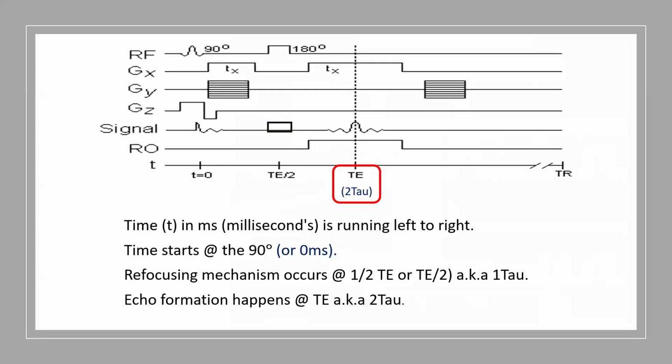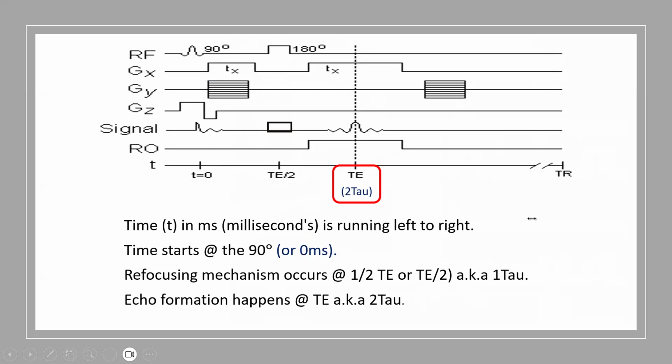Now, I said earlier that TE can also be called 2 tau, and here's a way of showing it. From the 90 to the refocusing pulse is 1 tau, or TE over 2, half TE. So that's 1 tau from here to here, and then it's 1 tau from here to here. 1 and 1 makes 2.